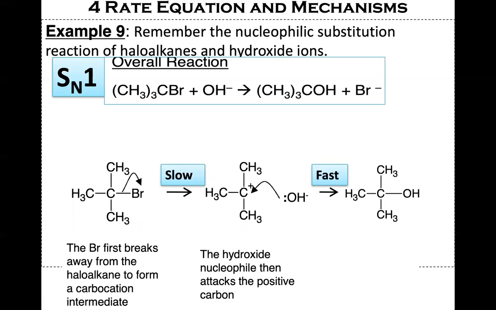So what happens if you don't have a nucleophile to attack? That means the only possible thing to happen is the breaking of that carbon-bromine bond. Otherwise, you can also memorize it as: tertiary halogenoalkanes tend to go via the SN1.